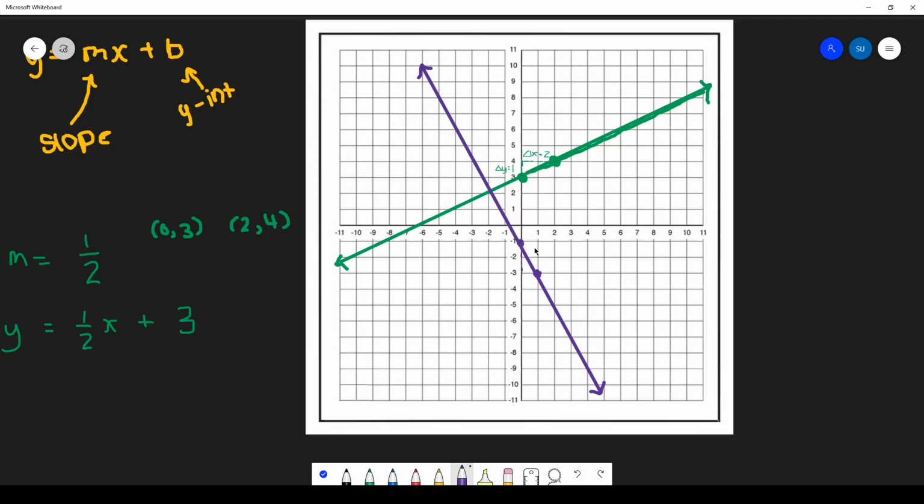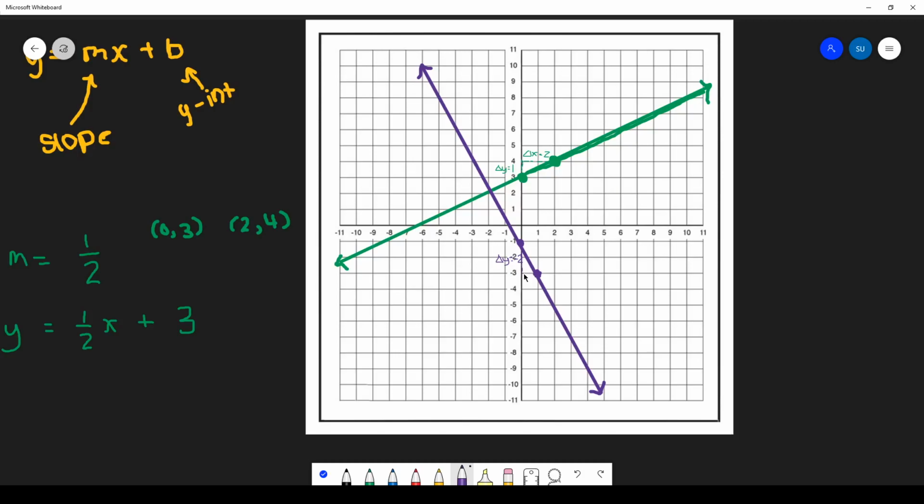So remember, down negative, up positive, and also left negative. If we were to travel left, it would be negative, and then if we were to travel right, it would be positive. And that applies to the x. So we see that it's downward, so negative, and delta y is going to equal -2, right?